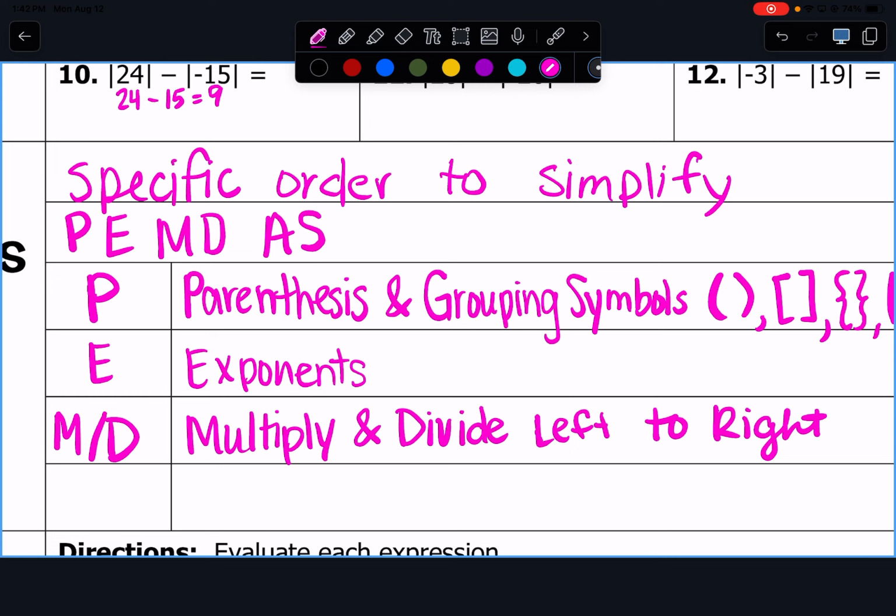You would do 6 divided by 2, and then you would get 3, and then you do 3 times 3 is 9, and then you do 9 divided by 6. I don't know what the answer is. Okay, and the reason that we can just go left to right with multiplying and dividing is because I can technically rewrite this as 6 times 1/2 times 3 times 1/6. So because I can just write that all as one type of problem, I can just go left to right.